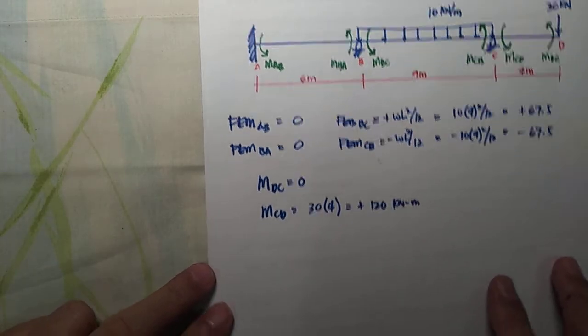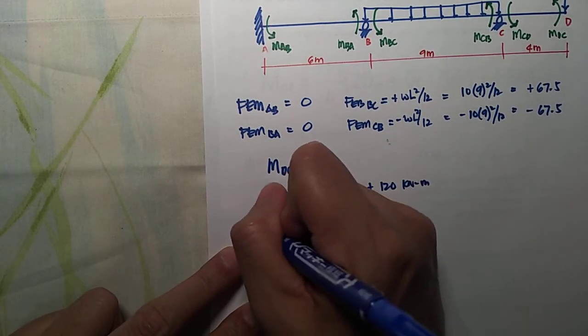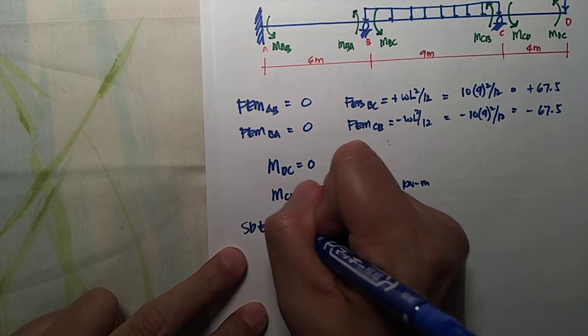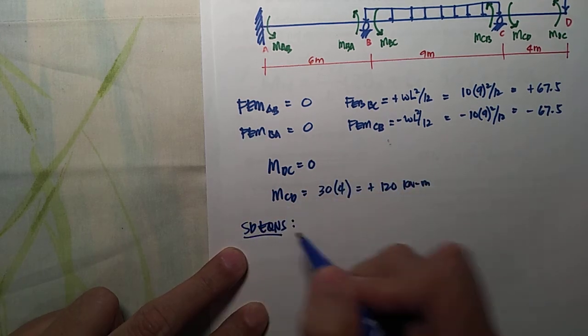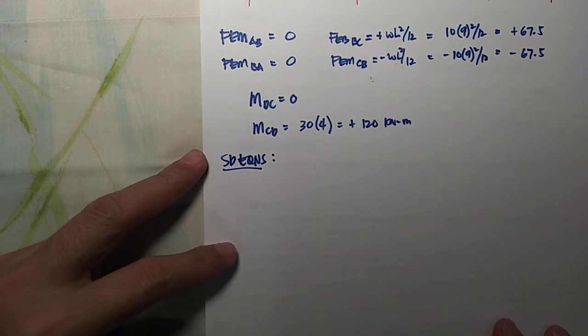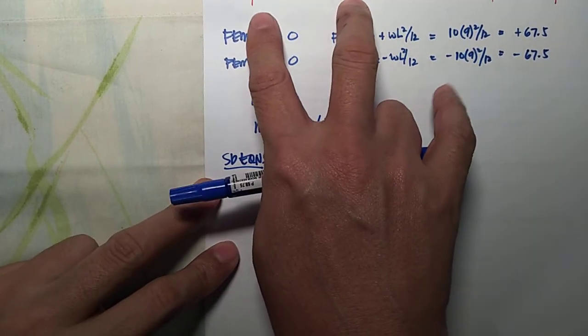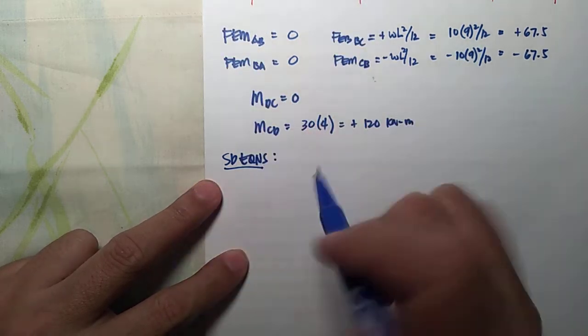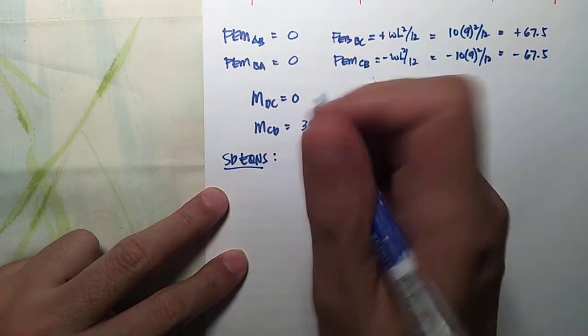Okay, so let us write the slope deflection equations. Let's start with segment AB, with MAB.